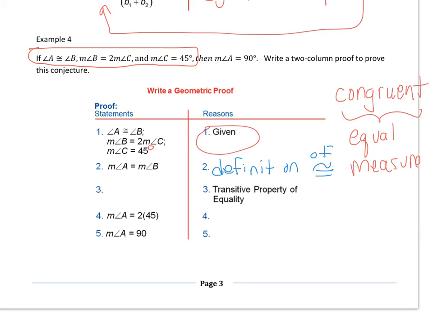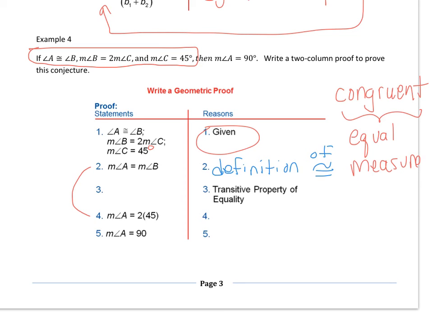Definition of congruency. Okay, so this time on row 3, we're given the reason, and we have to figure out what the statement must be. So my advice to you is look to see what's happening between row 2 and row 4, to see what could possibly go in 3.